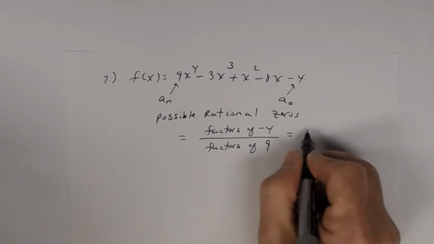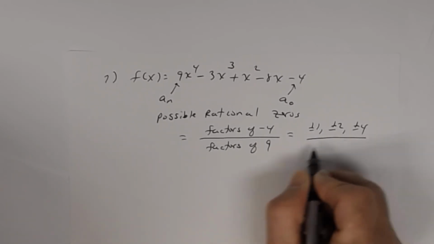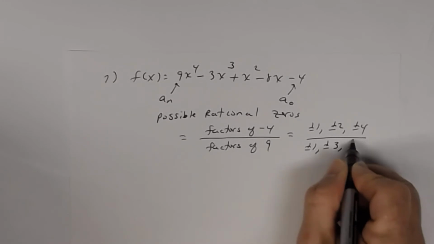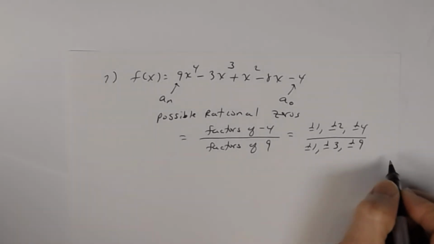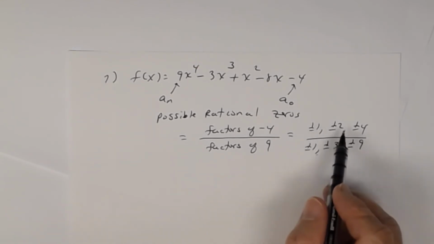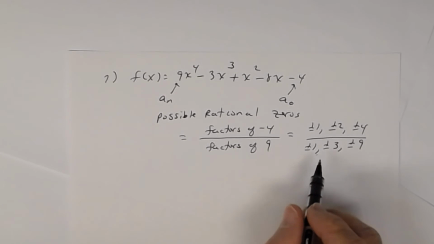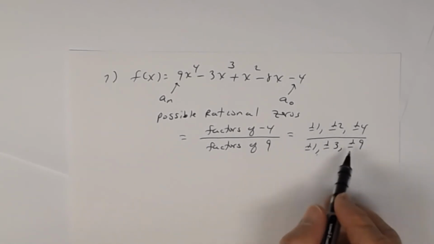So the factors of -4 are plus or minus 1, plus or minus 2, plus or minus 4. The factors of 9 are plus or minus 1, plus or minus 3, plus or minus 9, right? 1 times 9 is 9, 3 times 3 is 9. 1 times 4 is 4, 2 times 2 is 4. And that's it. Those are the only factors of -4. Those are the only factors of 9.